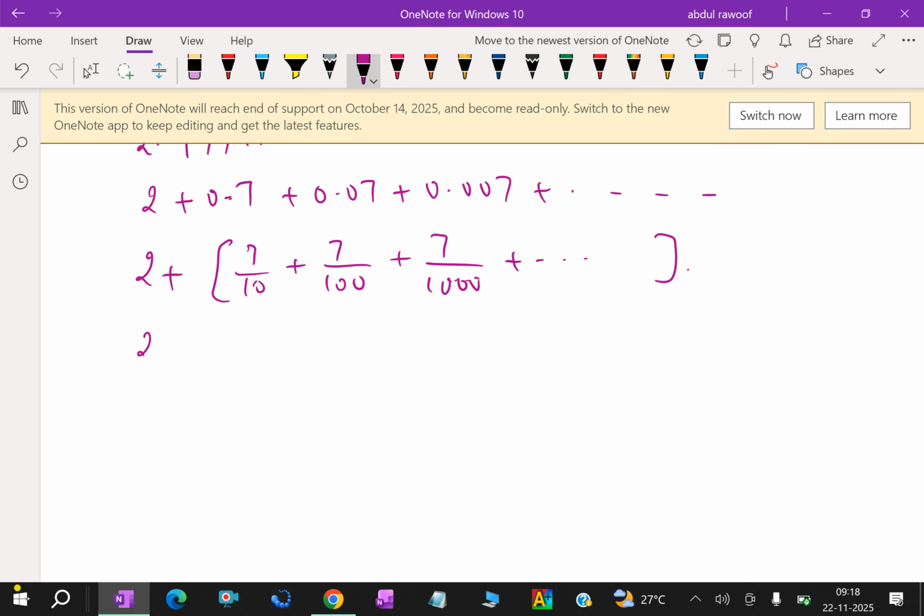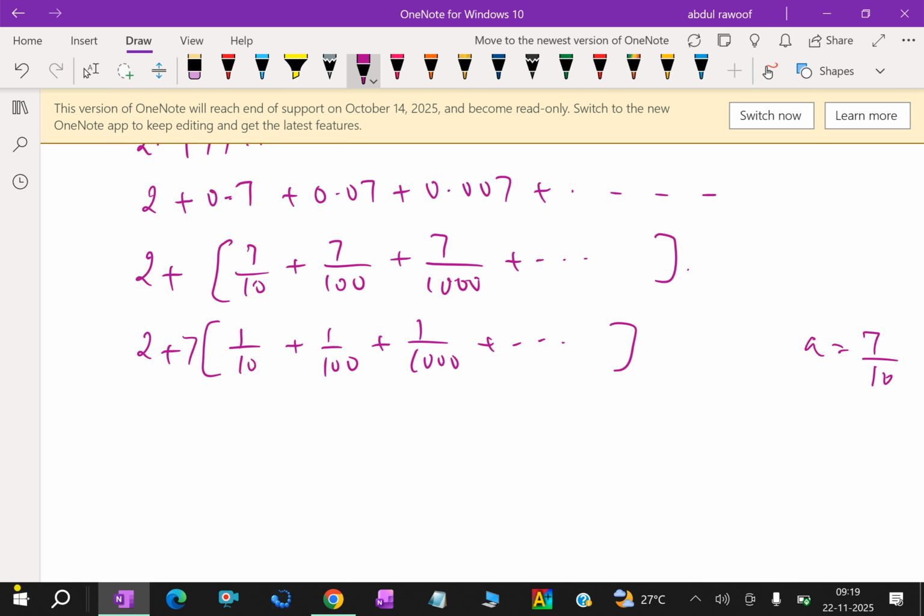Here is a geometrical progression. In that, A, the first term, is 7 by 10, common ratio, 7 also take out here, before that 7, 1 by 10, 1 by 100, 1 by 1000, like it goes.